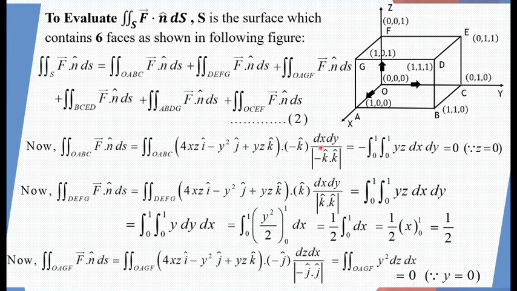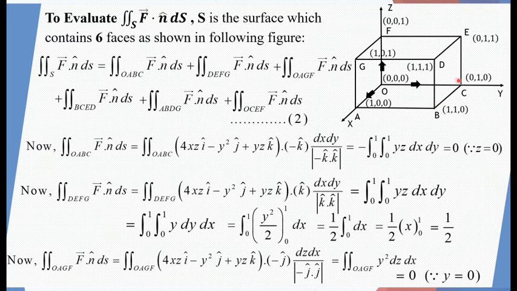So moving on to the next face, which will be BCED. This is in the xz plane. So in this particular case, it is now far from the origin, at a distance of y equal to 1.